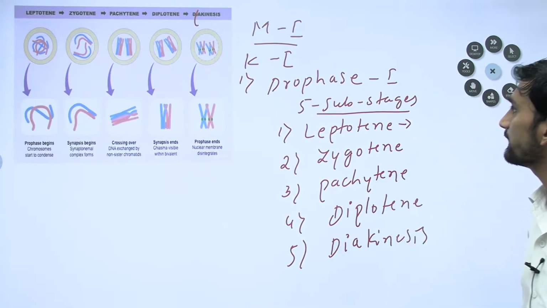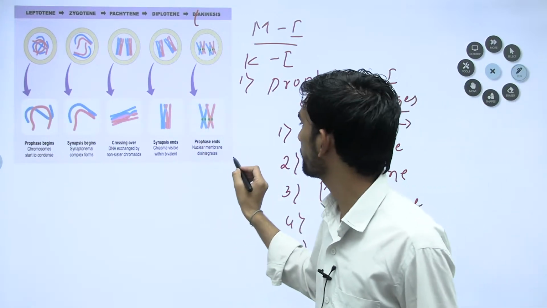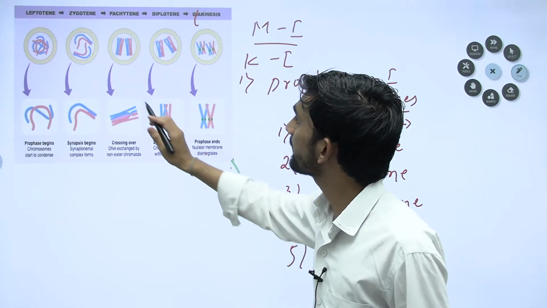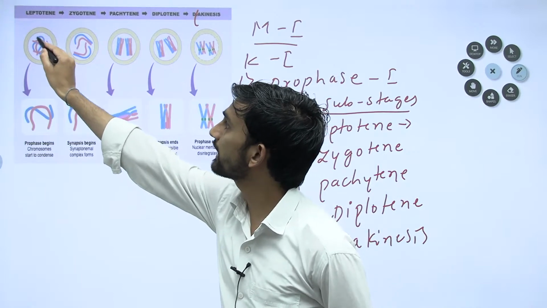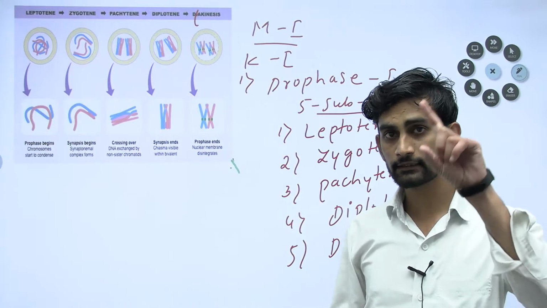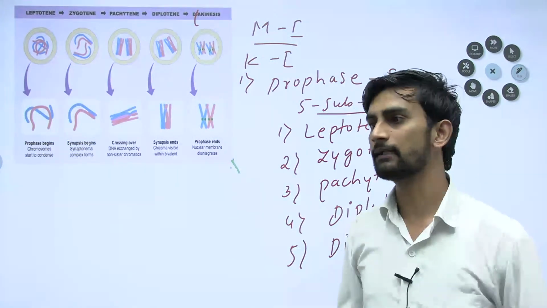First, the leptotene stage. Here they have shown the leptotene stage. In leptotene, the chromosomes are not that much condensed, so they look thin and thread-like.